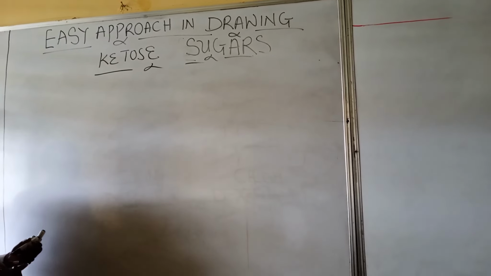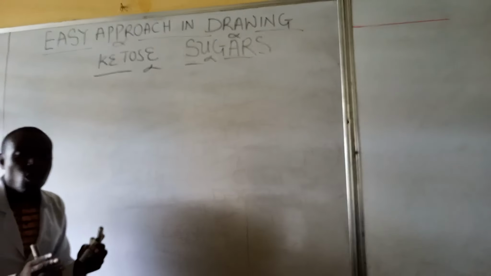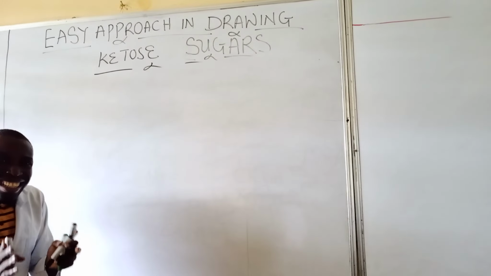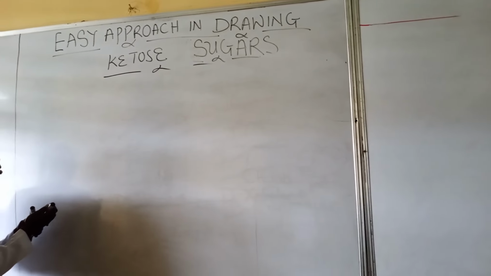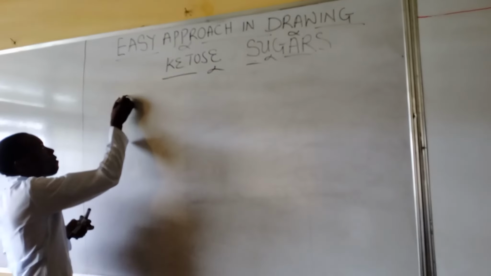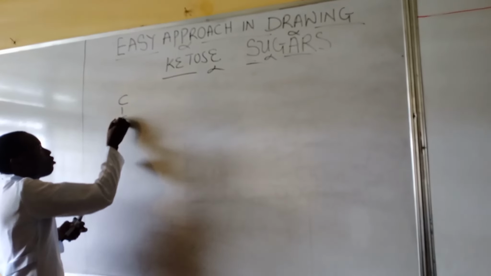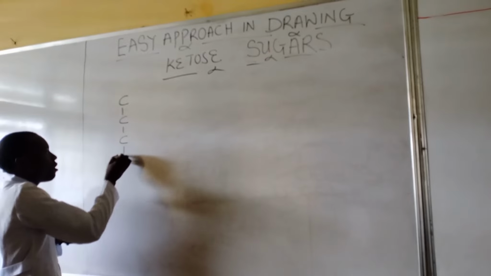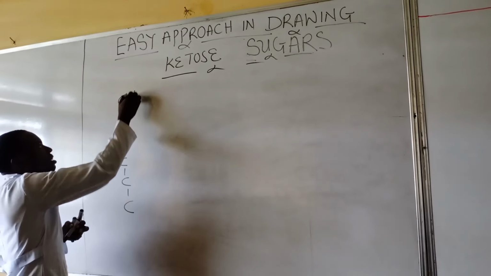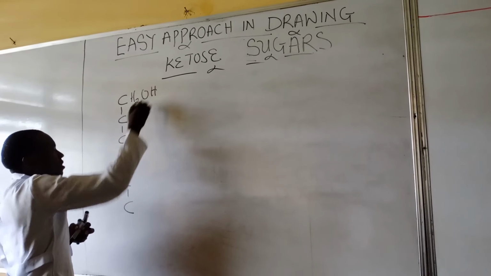So lastly is that of the ketose, which has a ketone functional group and 6 carbons. So we start from the first one, which is 1, 2, 3, 4, 5, and 6. Same idea here.